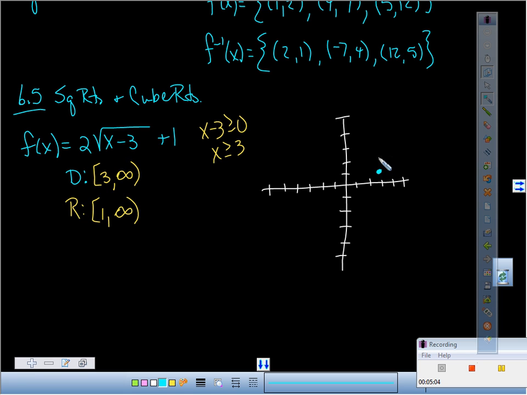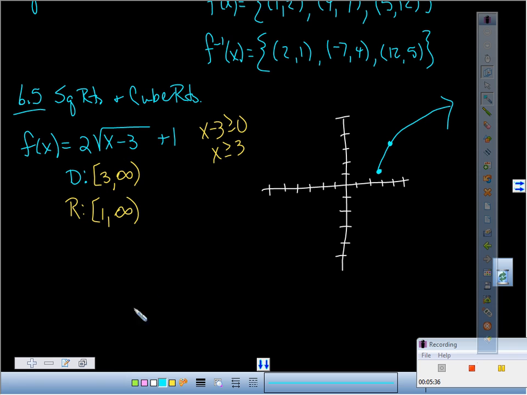So instead of going up 1 and over 1, I'm going to go up 2 and over 1, and there's my graph. So I look and I say, hey, does it exist just from the 3 over to the right? 1, 2, 3, boom. Yeah. Does it exist from positive 1, where y is 1, and up? Yeah. So this is good.